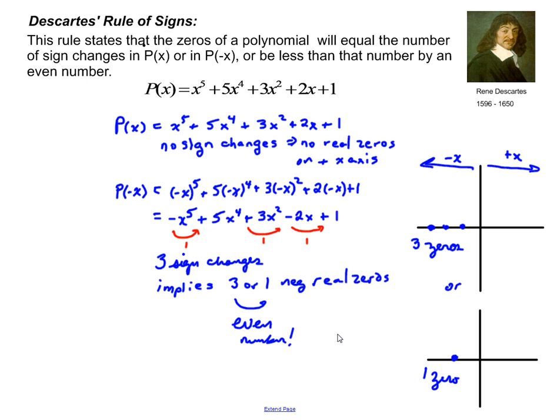But that's it. That's all it tells us. It doesn't tell us much of anything else, just the number of possible positive or negative zeros.